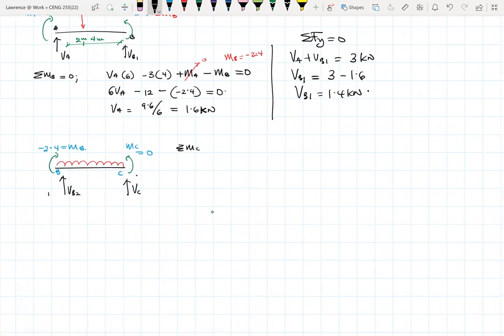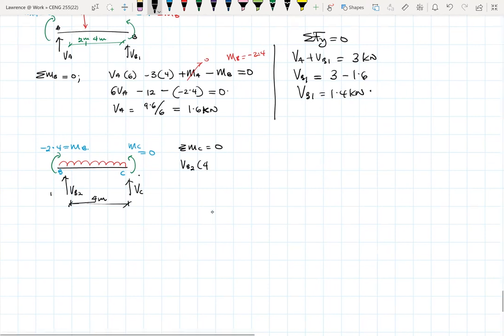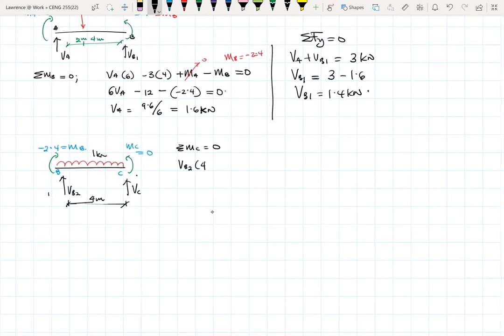So let's say about C equals 0. So we have VB2 times 4. This is 4 meters here. And then the load is 1 kilonewton per meter.